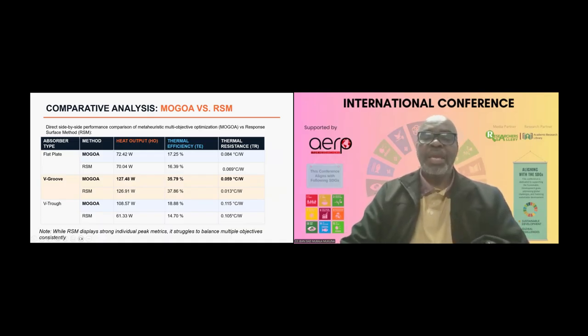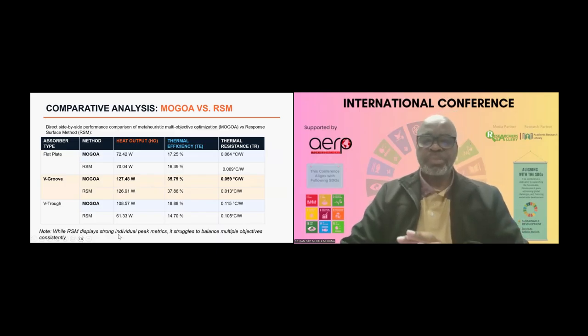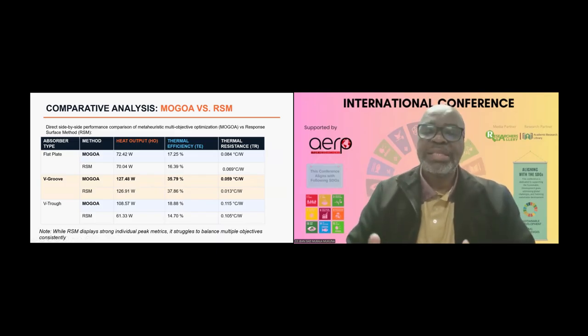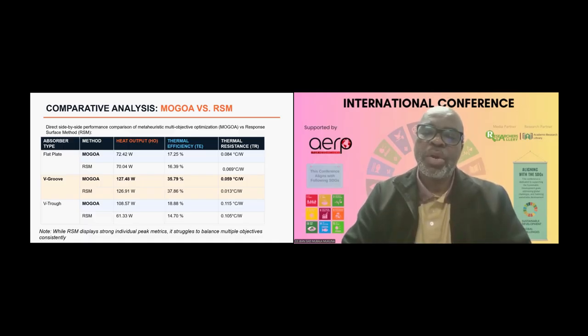But the RSM is providing good values, and these values must be understood as the RSM taking different values at specific points.